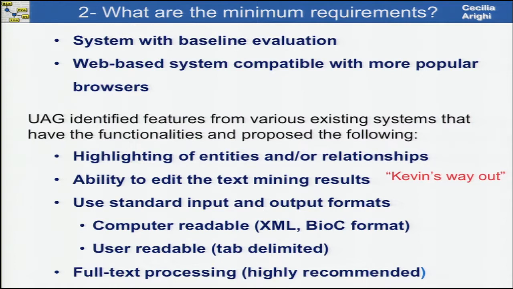They need to be able to delete an annotation, modify an annotation, or add missing things. We also requested standard input and output formats, and we highly recommended full text processing, but it was up to the specific task whether that is necessary or not.